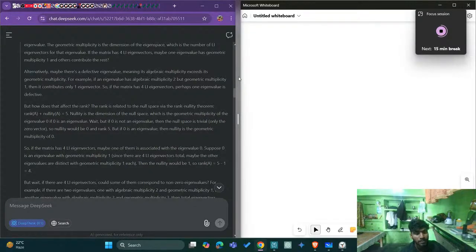Then the nullity would be 1. So rank will be 5 minus 1, equal to 4.